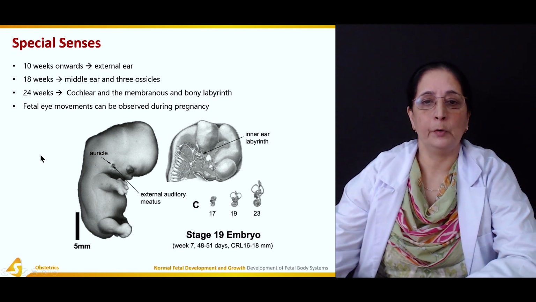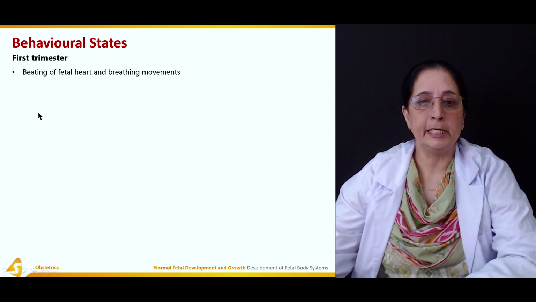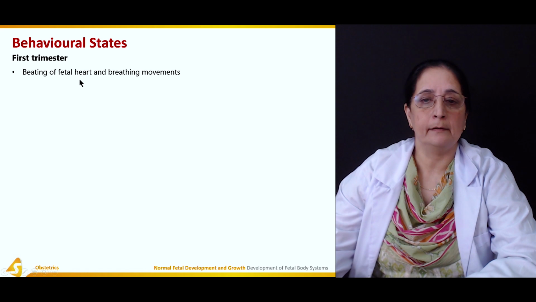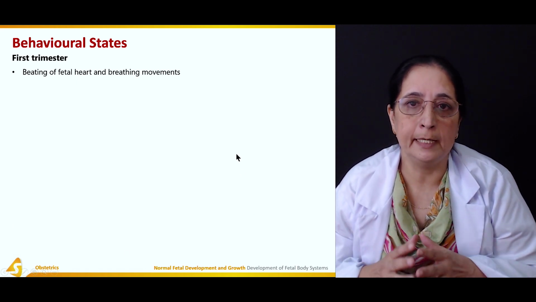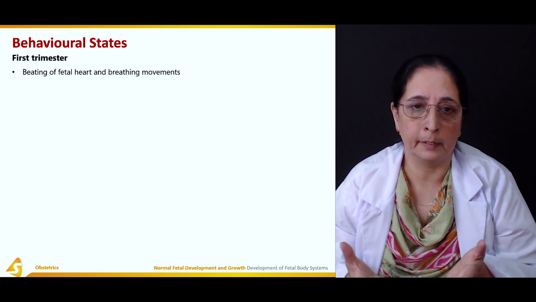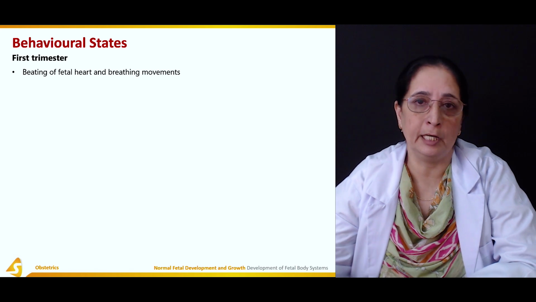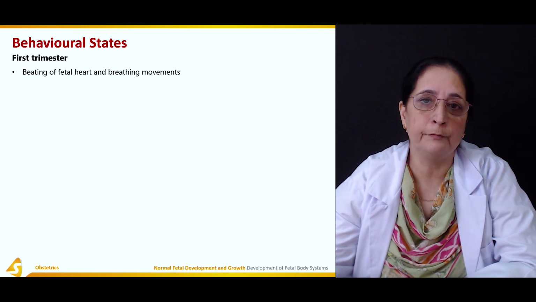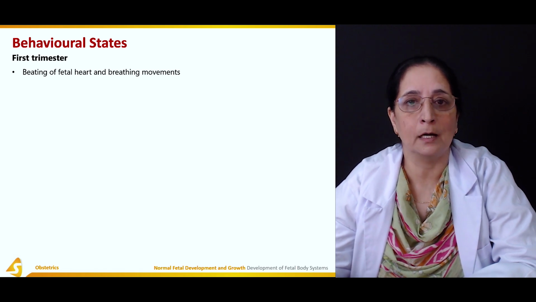Next, the behavioral states. In the first trimester, there is beating of the fetal heart and breathing movements. As we mentioned, the first indication at about the 4th to 5th week of gestation is the presence of a flickering heartbeat.